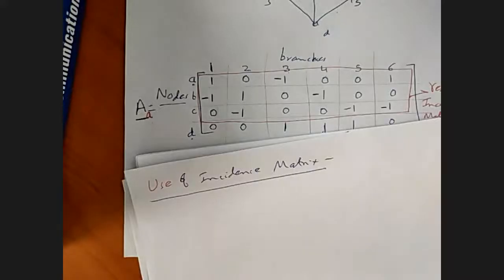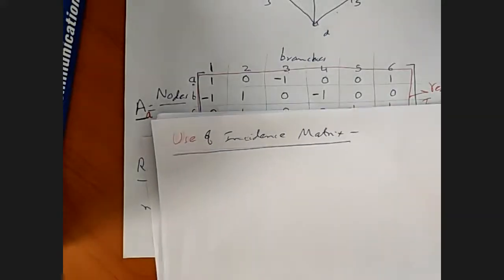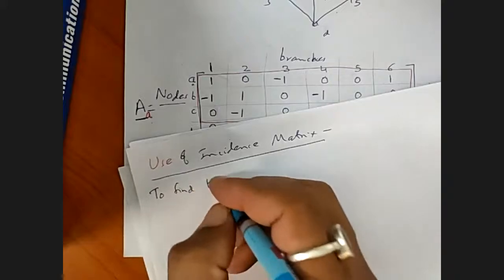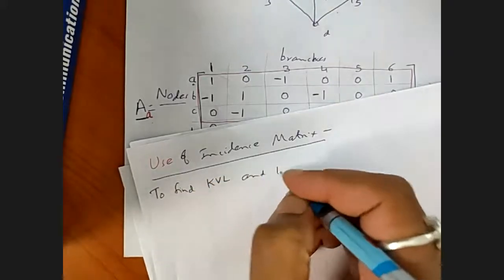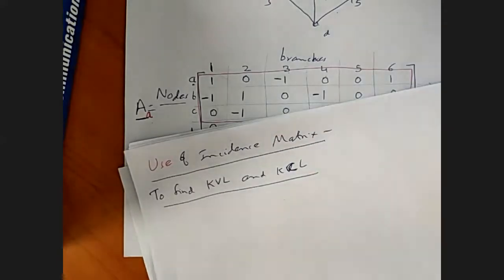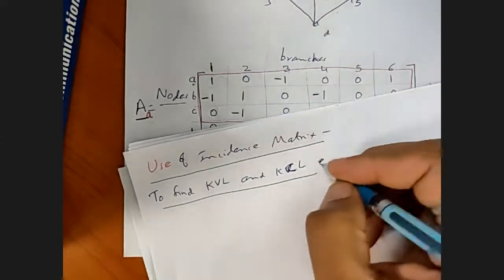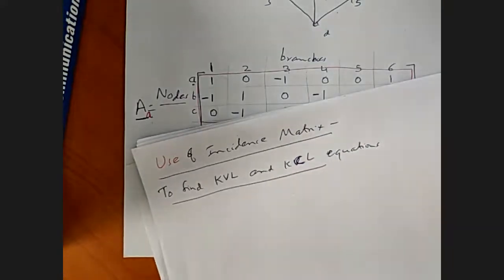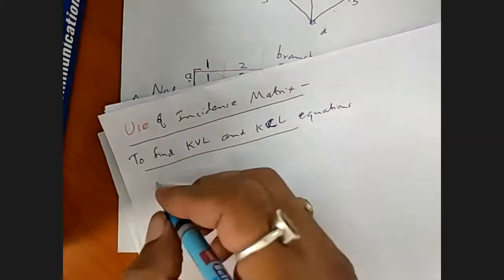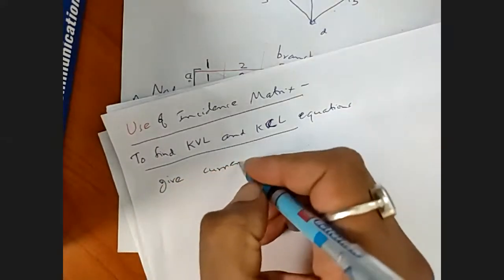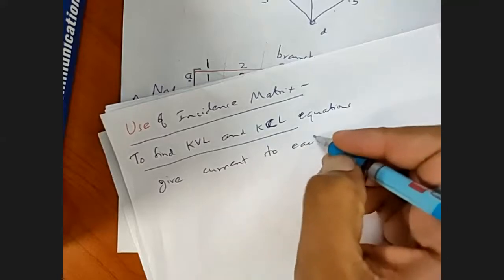What is the use of incident matrix? It is to find the KVL and KCL equations. So how to find them? Give a current to each branch.